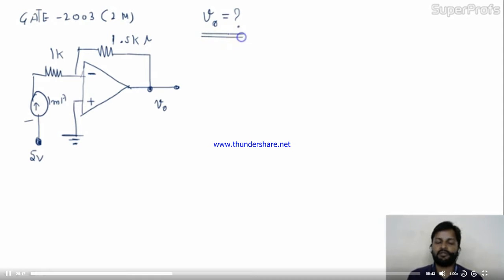Now friends, we just discussed the virtual ground concept. Remember two things for virtual ground. The very first is that AD should be very high. This is the first condition. And the second condition is that there should be only negative feedback.